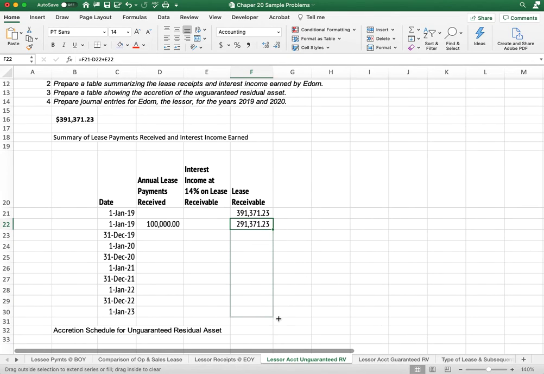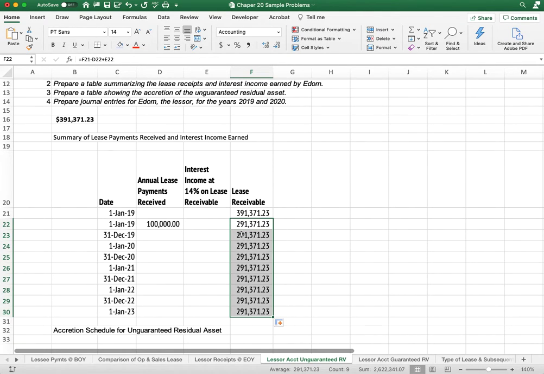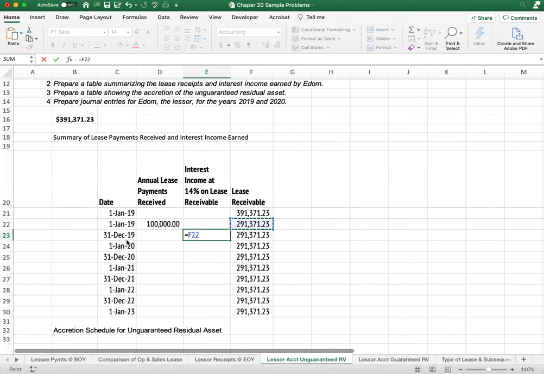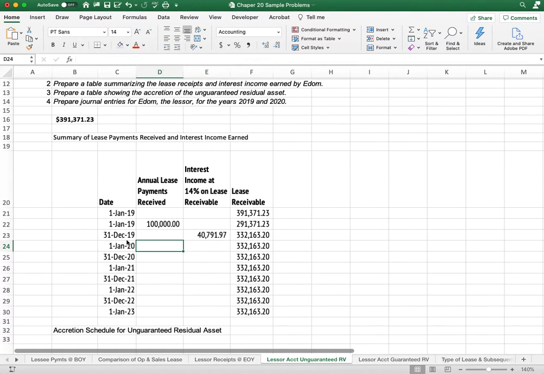So we can do that now, and we'll see this same balance, but then as we add the interest income and the payments, it'll keep updating for us. So December 31st, 2019, we need to calculate the interest, and that would be the previous receivable times the 14%, and then our January 1st, 2020, 100,000.